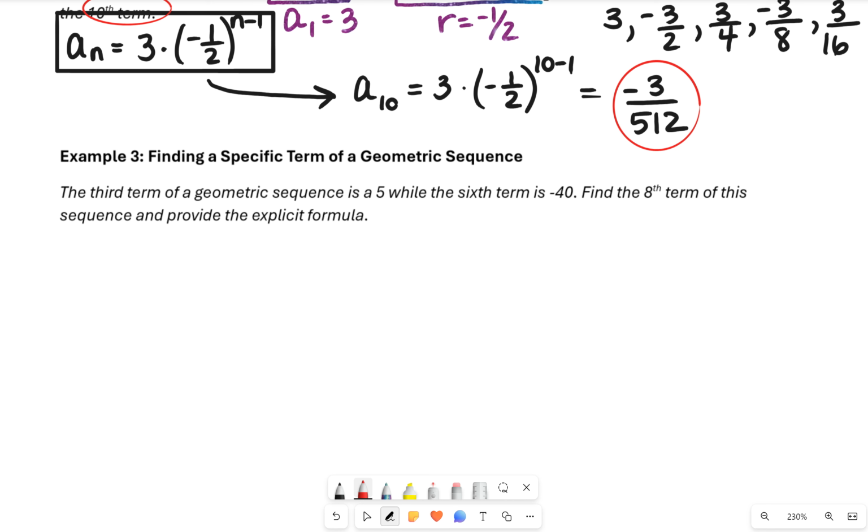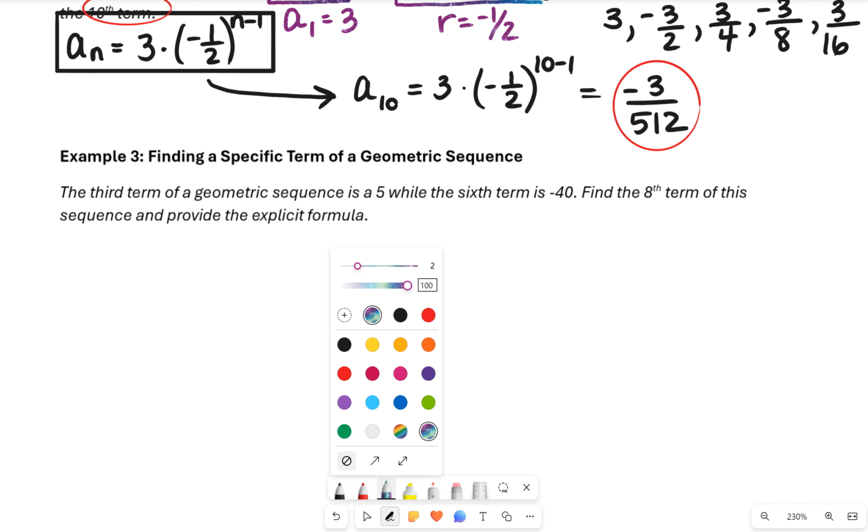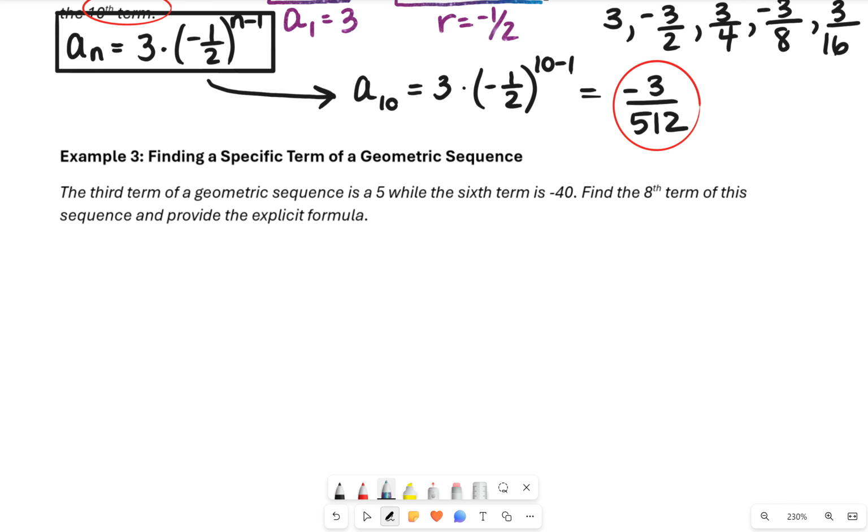All right, example 3. They are wanting to give us some terms. And again, they're asking us to find the formula and a specific term. Now let's look at what they gave us first, okay? So they gave us the geometric sequence where the third term is 5.